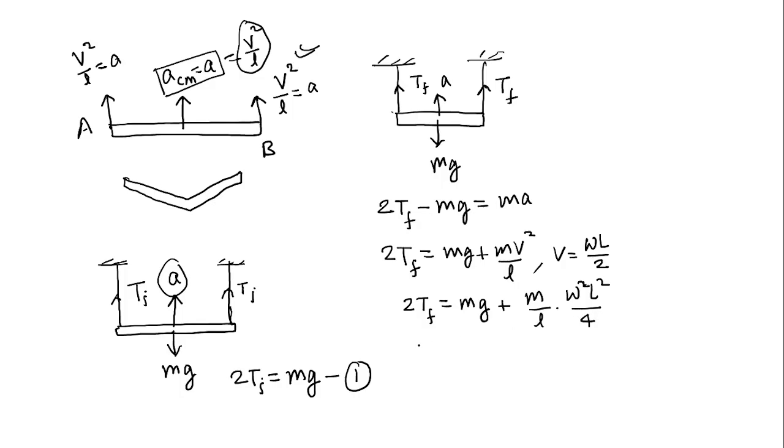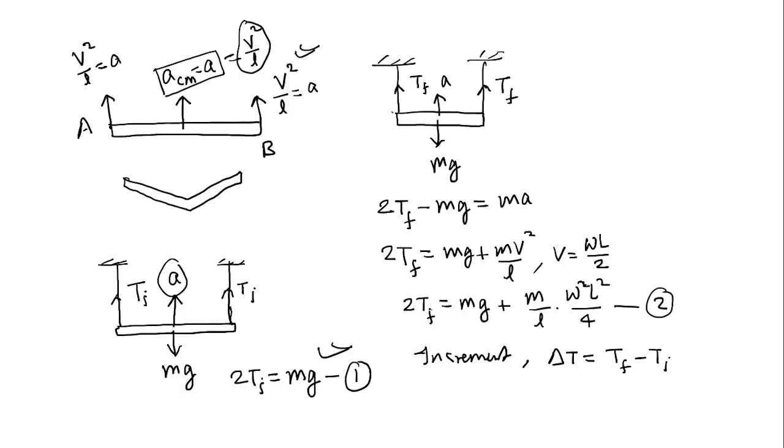Now what you are supposed to find? You are supposed to find increment in tension. Increment in tension means what? Delta T you have to find. Delta T is what? T final minus T initial. So T initial is this one from 1 and T final from 2.